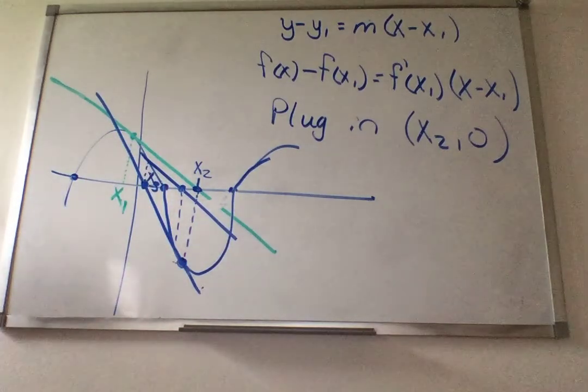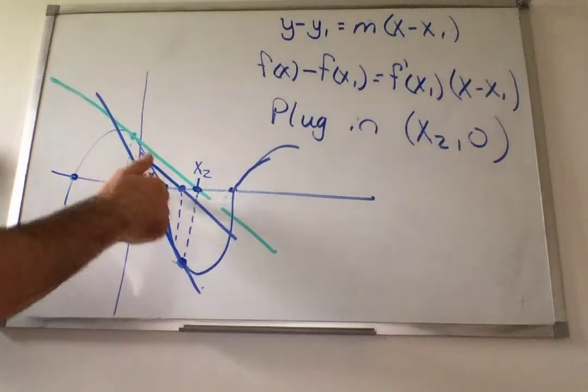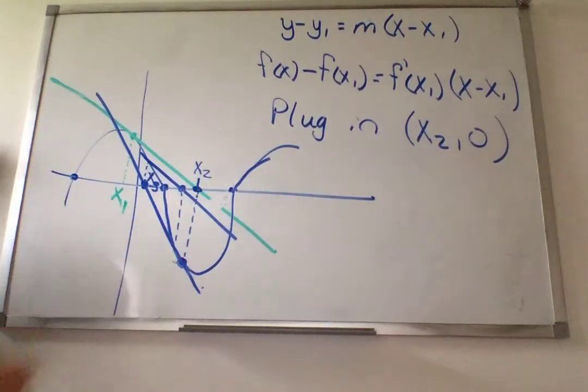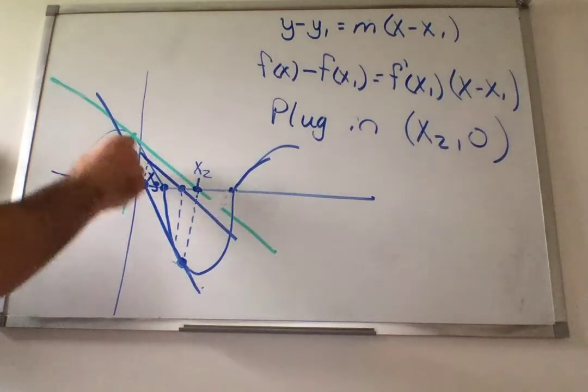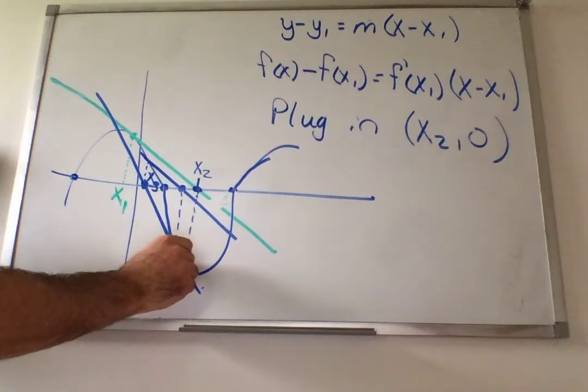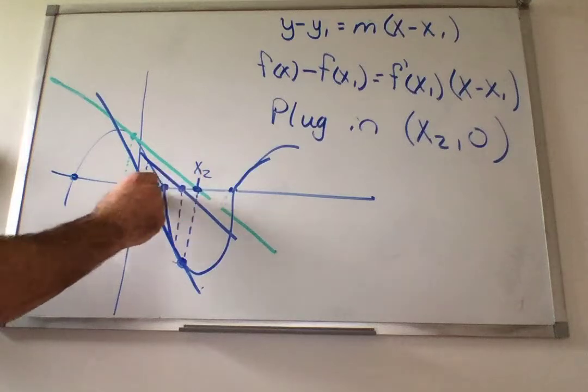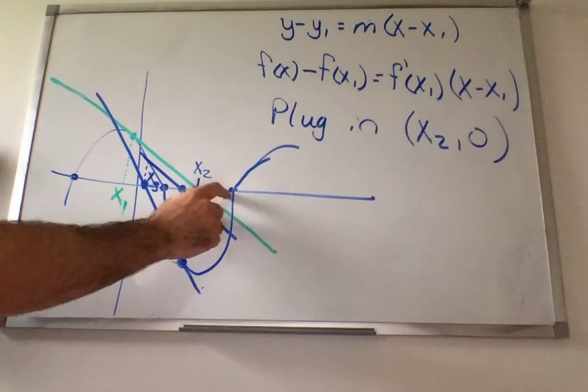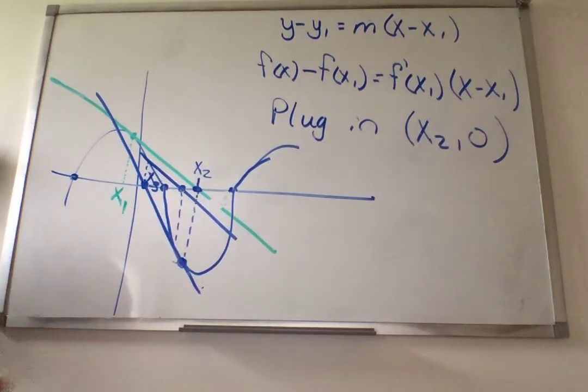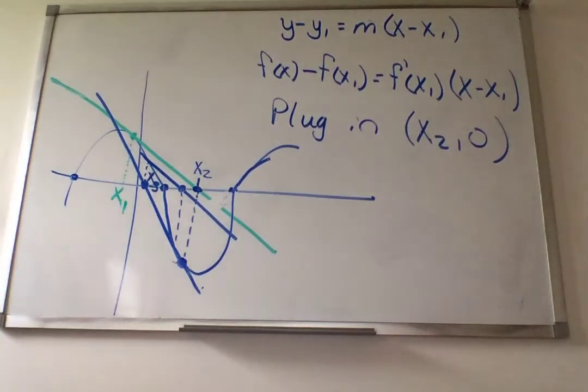And what you are doing is you keep finding the 0 of the tangent line, and then you keep making these tangents. Eventually, this point will get closer and closer to one of these zeros. It's an iterative method. You have to do these iterations over and over.